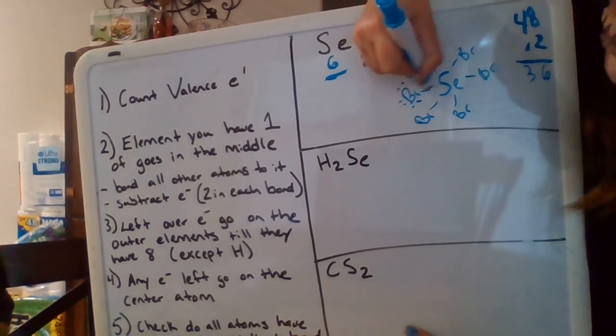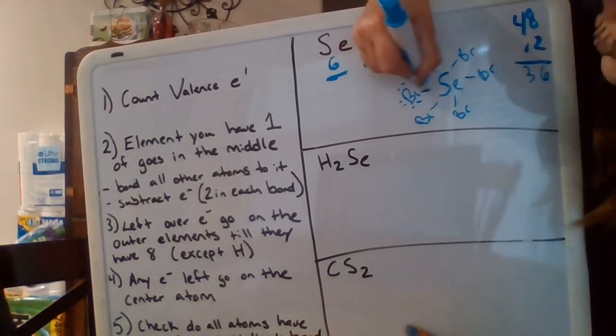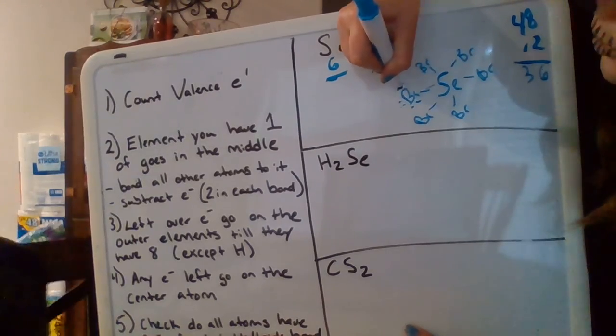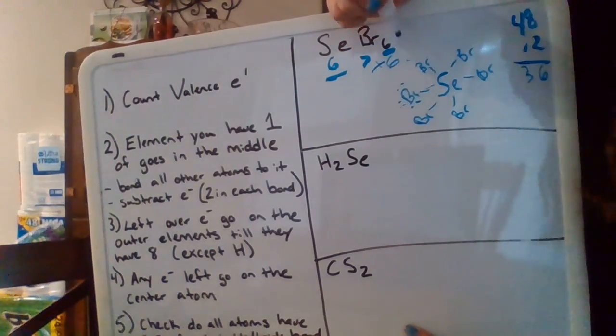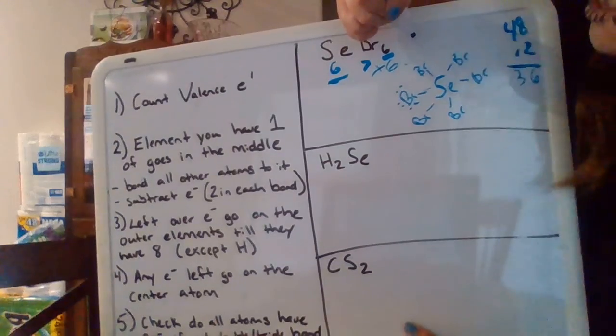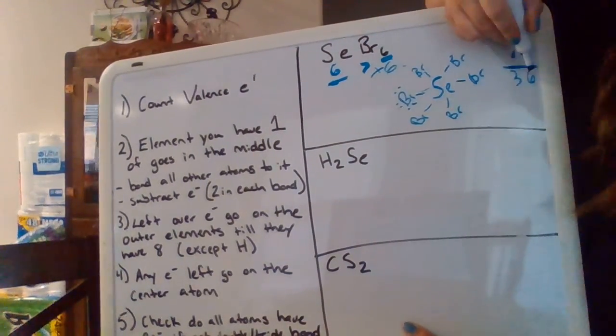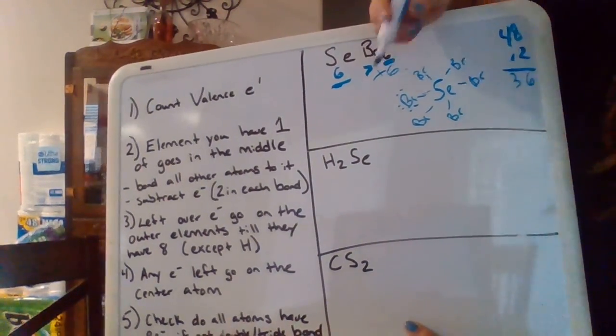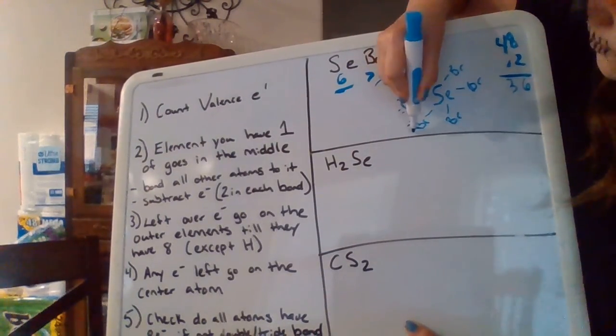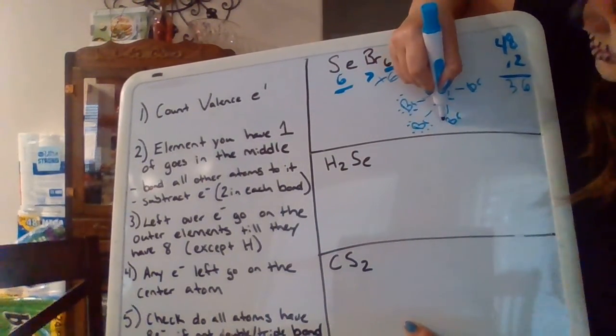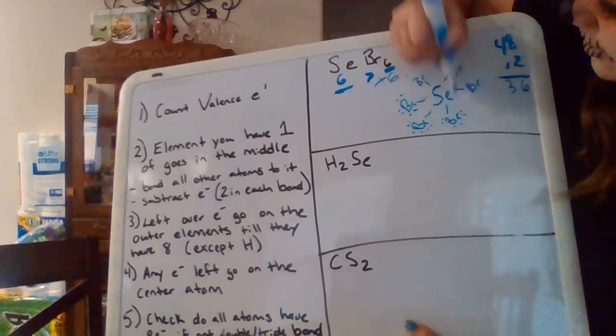Remember, each bond counts for 2. So it already has 2 electrons here. 2, 3, 4, 5, 6, 7, 8. So that bromine has 8, like it's supposed to. I've used 6 of my 36 electrons, and I'm just going to fill the rest up and count them in a second. So fill them up. They each need 6 more because they already had 2, and that would make them have 8.